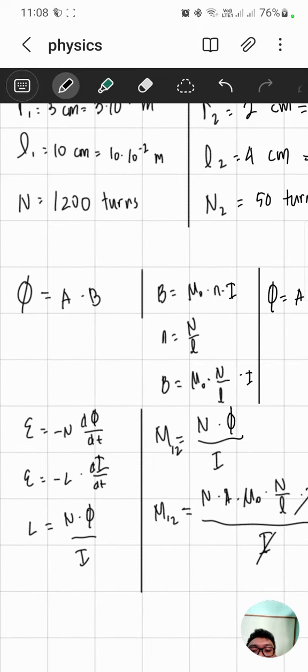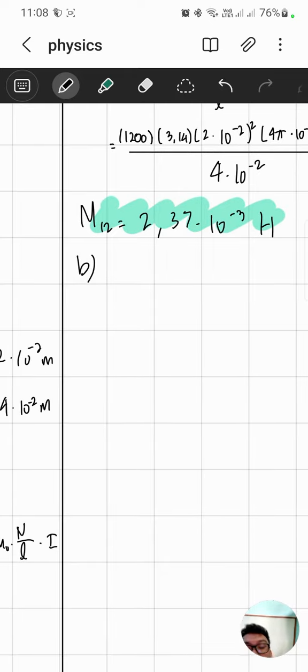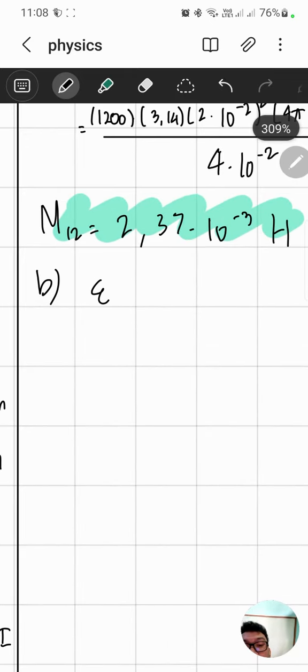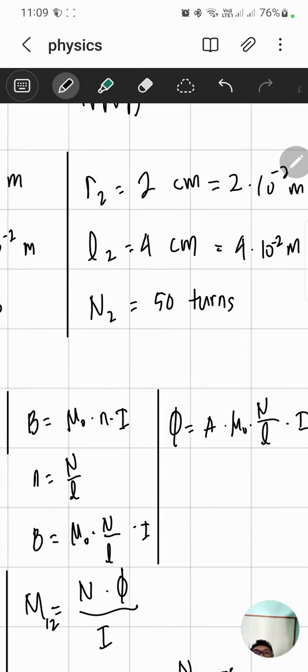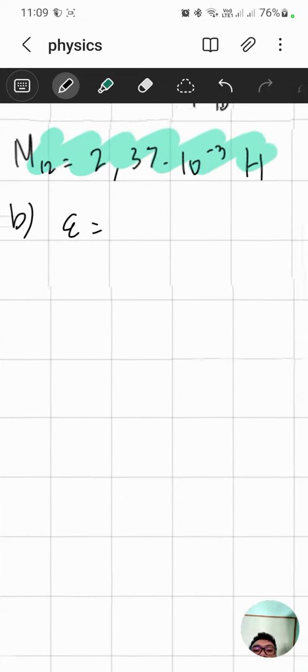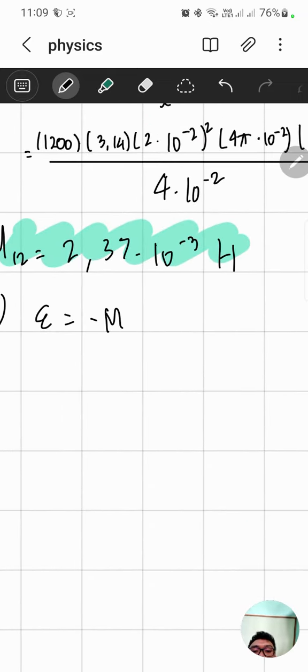So we input the equation: the Joseph Henry equation, electromotive force equal to minus M times di over dt.